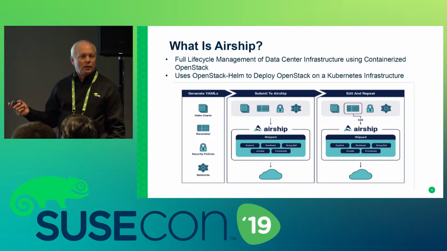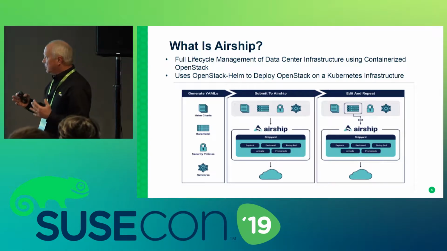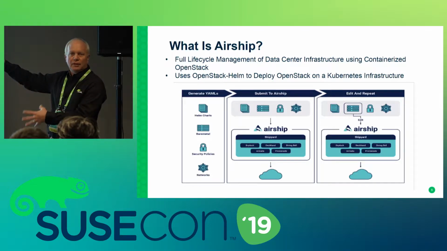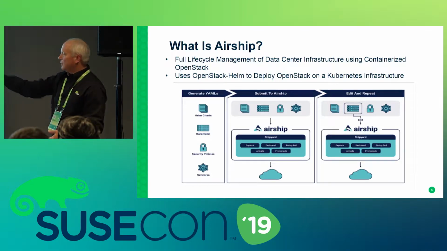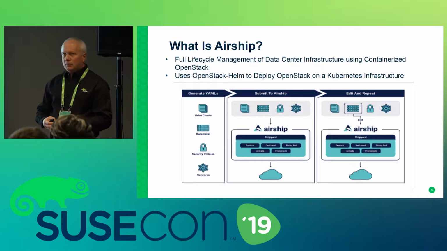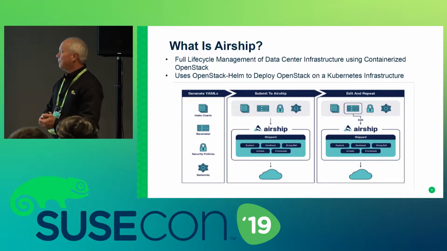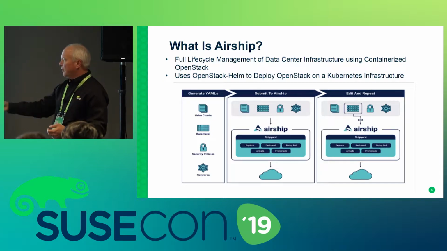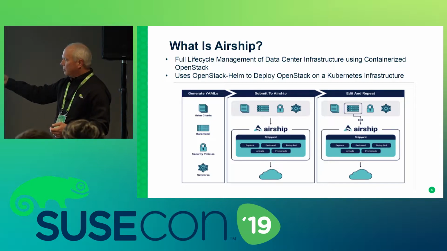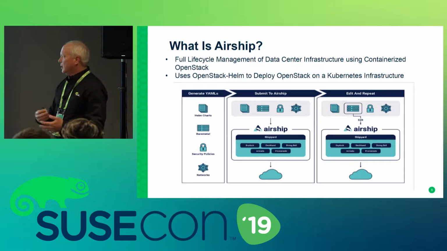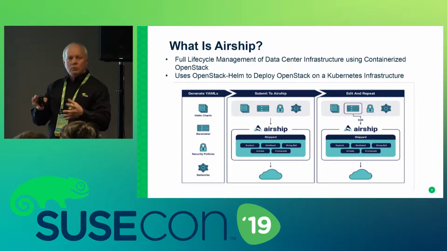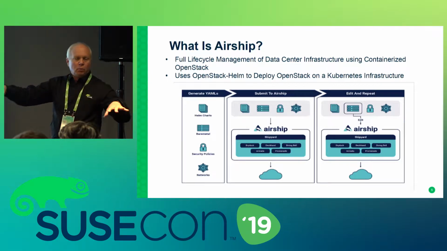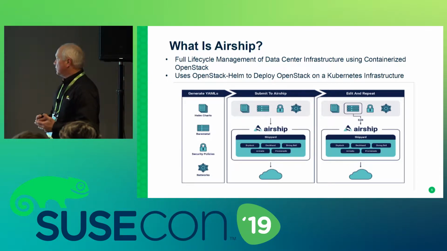In case you don't know what Airship is, Airship is an upstream project that really starts with a whole bunch of cloud definitions. These YAML files on the far left say what you want to do. They end up generating a whole bunch of things about how you're going to use the bare metal, security policies, and networks. And there's a bunch of Helm charts that define how things are going to be deployed in a Kubernetes configuration.